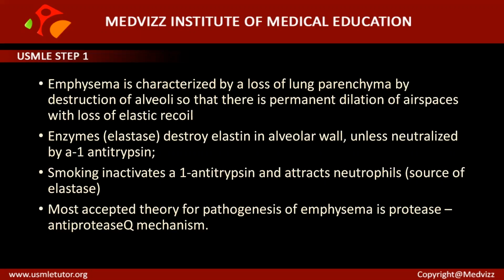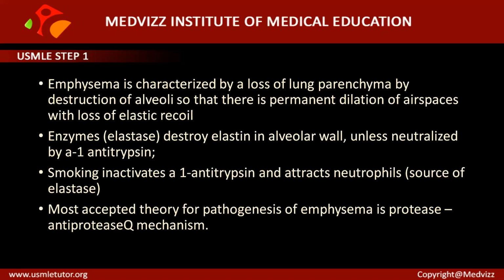It can also be produced by macrophages and neutrophils, and it is seen in the serum, but it is typically produced by the liver. Smoking can inactivate alpha-1 antitrypsin. Not only that, smoking also attracts neutrophils as well as macrophages, which can secrete more elastase.